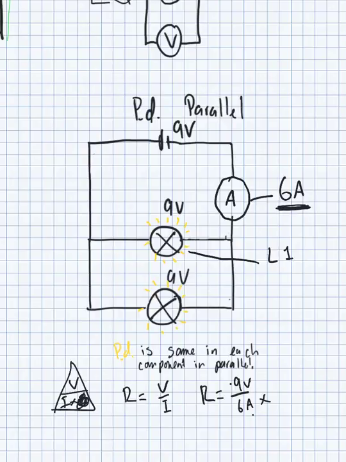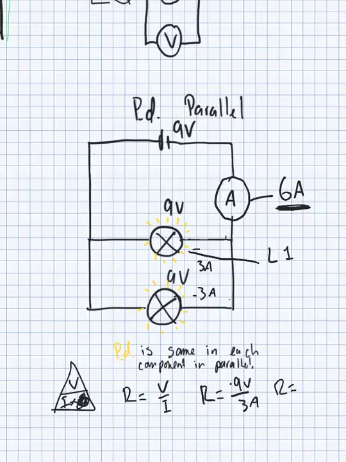So the total current here is 6. We know that there are 2 bulbs, which tells us that each one of these bulbs must be getting 3 amps. So the number that we need to use to find out the resistance of the individual bulb would be 3 amps. So R equals 9 divided by 3.